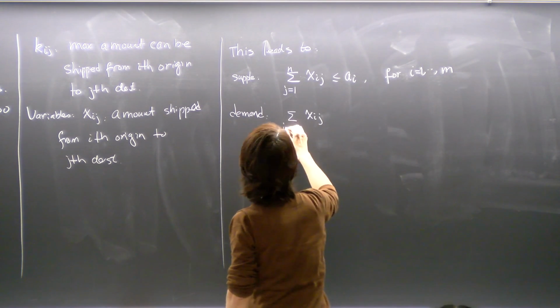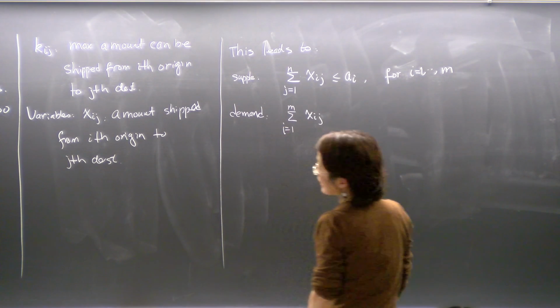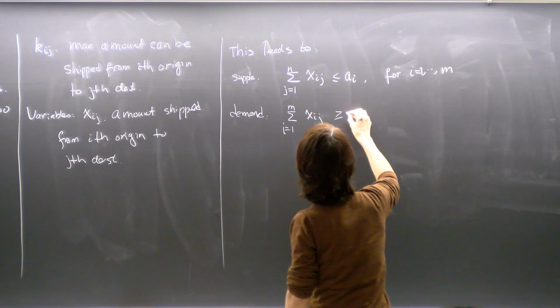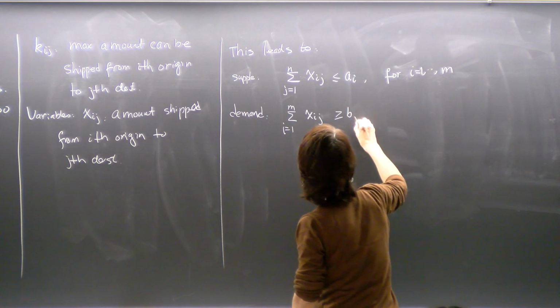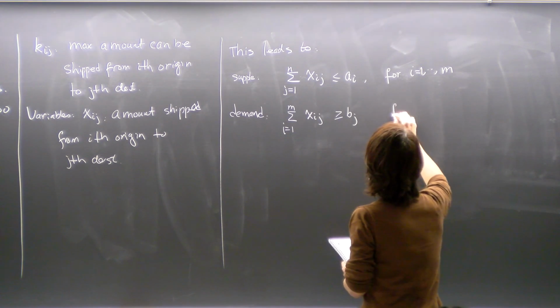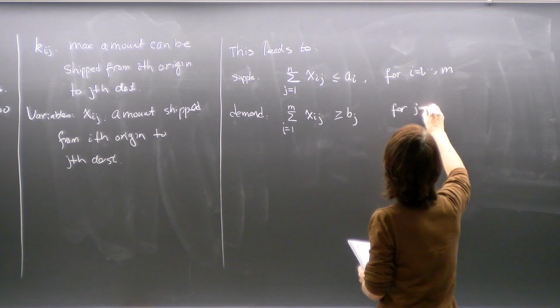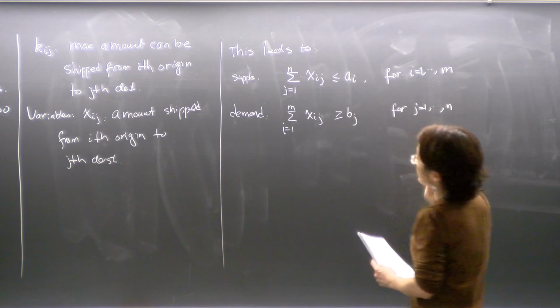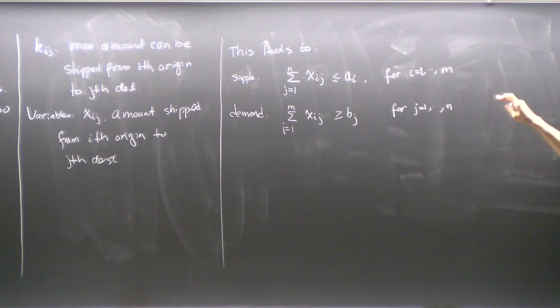So i from 1 to m, and that has to be bigger than b_j. You have to have at least that much, right? That's what the store demands. And this holds for j from 1 to n. So you have m plus n constraints already.